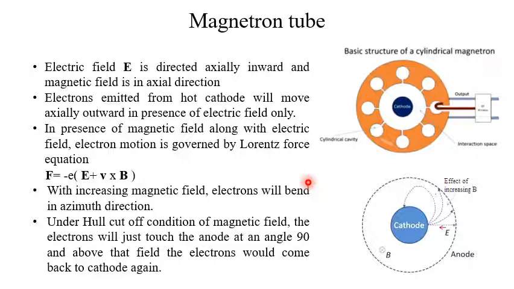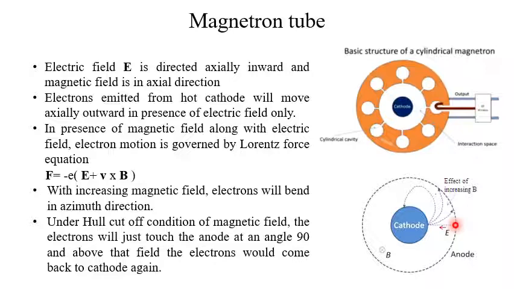Electrons emitted from the hot cathode will move radially outwards in presence of the electric field only. So this is the motion of the electron directly outward in absence of any magnetic field. That means when the magnetic field is zero, the electrons emitted from the cathode will go directly outwards towards the anode in a straight path.